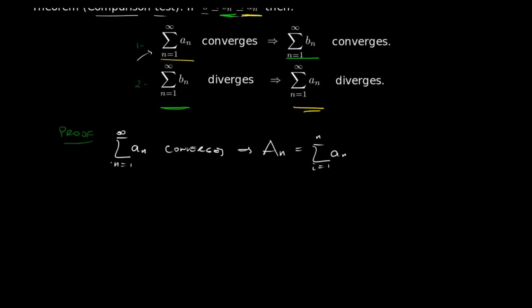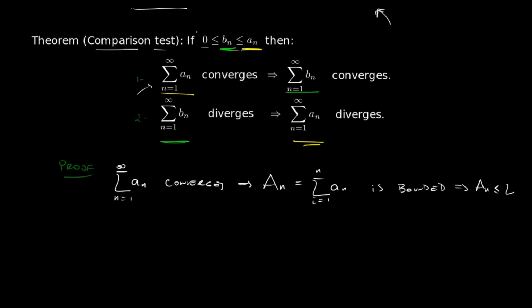So as the series converges, this sequence is bounded. Then there exists L such that A sub n is smaller than or equal to L. Now, because of our hypothesis, we have this. So b sub n is smaller than or equal to a sub n. And this happens for every n.